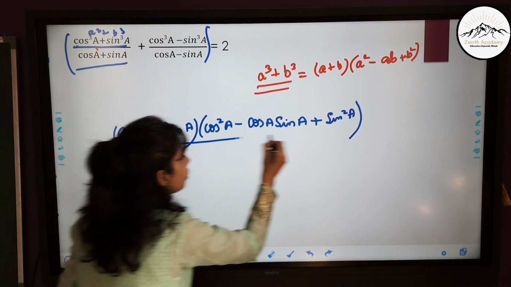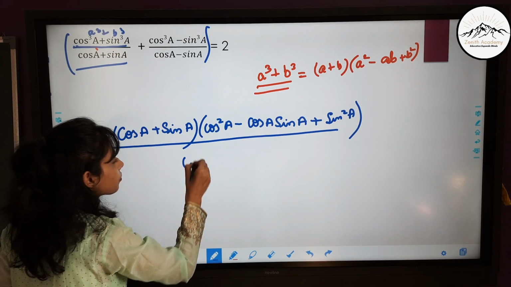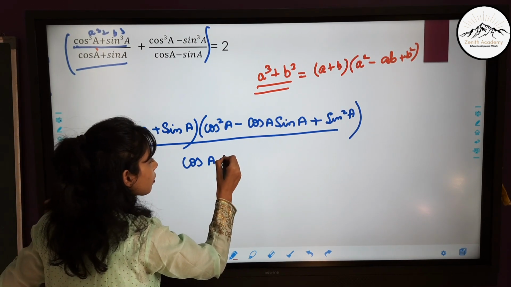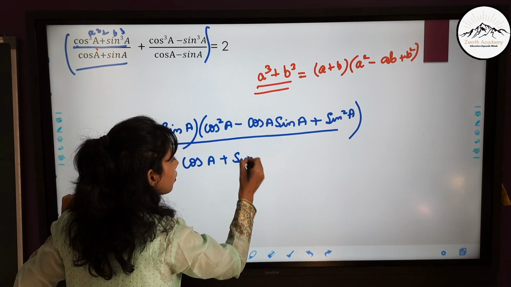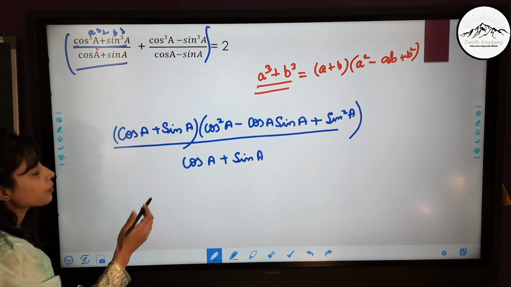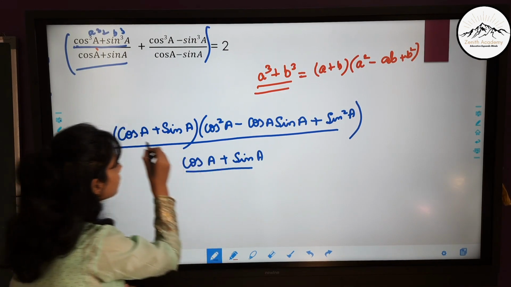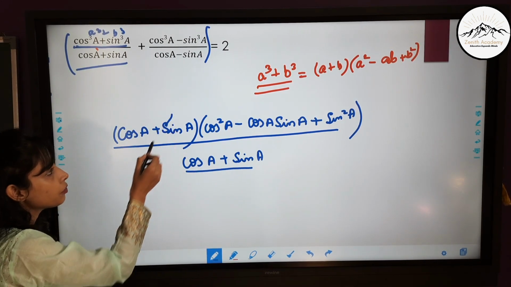This is whole upon cos a plus sin a. So this is the first part of our LHS. Now see, cos a plus sin a and this is cos a plus sin a. We can cut this.